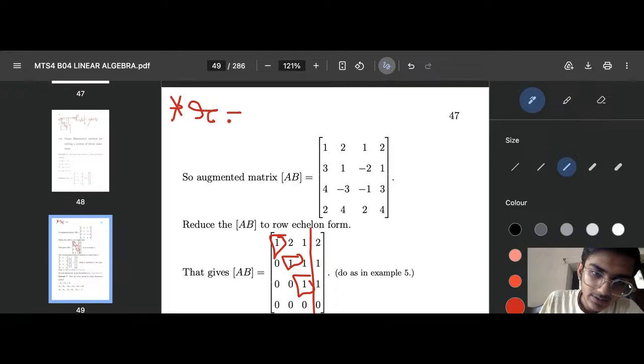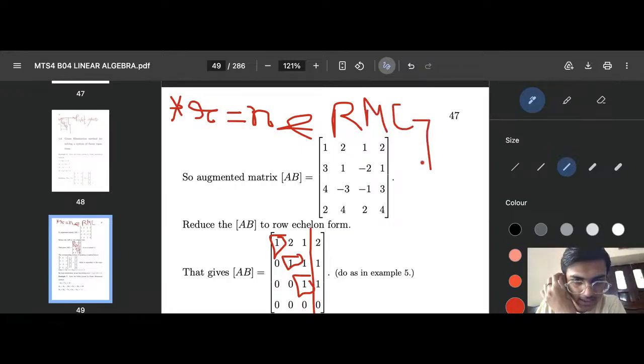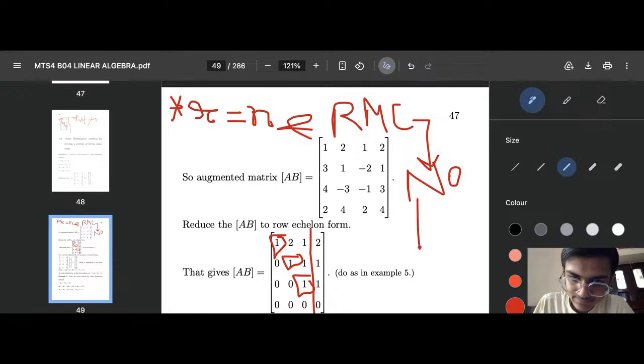And if this R is equal to n, where n is the number of unknowns, and provided that the rightmost column, which I am writing as RC, has no pivot, then we will say that it has a unique solution.